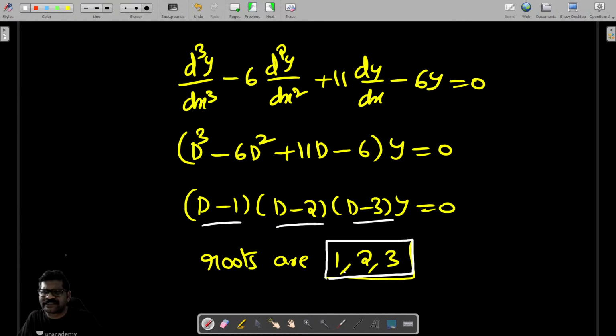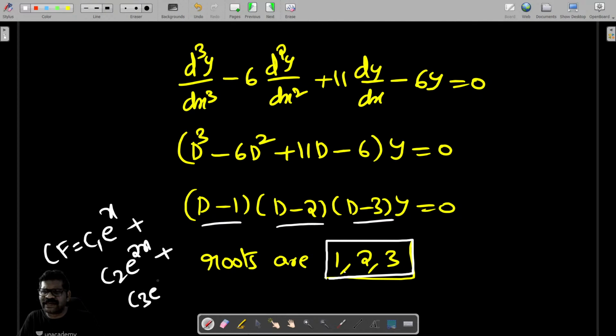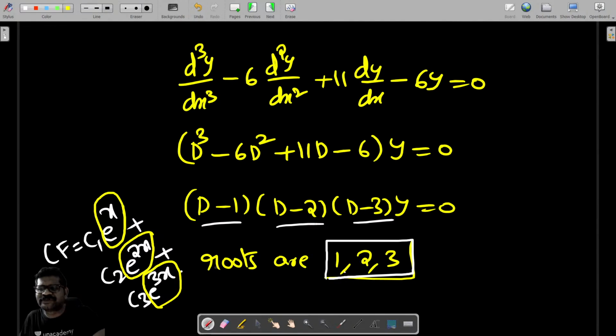When roots are real and distinct, the complementary function is c1 e power x plus c2 e power 2x plus c3 e power 3x, that is c1 e power m1x plus c2 e power m2x plus c3 e power m3x. That's why the coefficients of the arbitrary constants c1, c2, c3 are known as independent solutions. So here e power x, e power 2x, e power 3x are independent solutions.